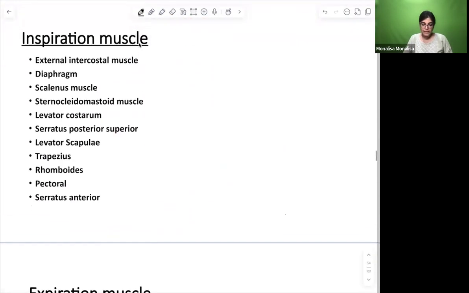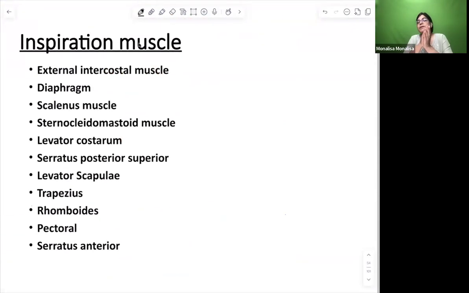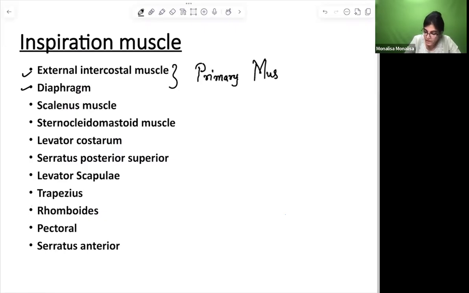Okay. Now, for your examination, in previous years the question has been asked many times as the list of inspiratory muscles. So this is the list of all inspiratory muscles. Diaphragm and external intercostal muscles are the primary muscles of inspiration.